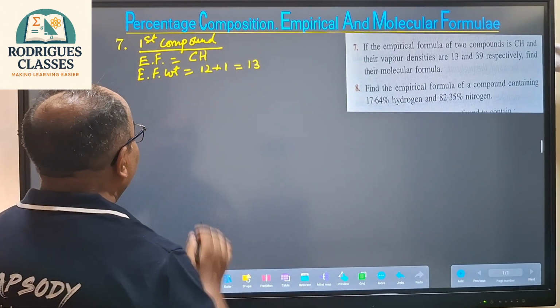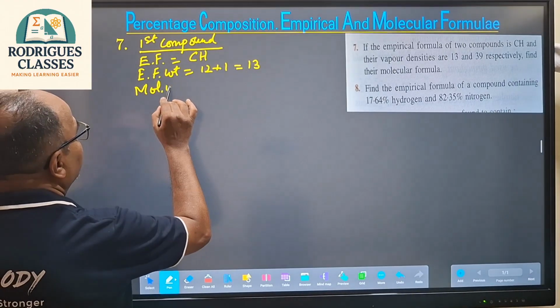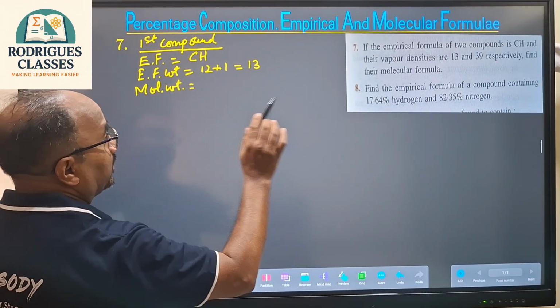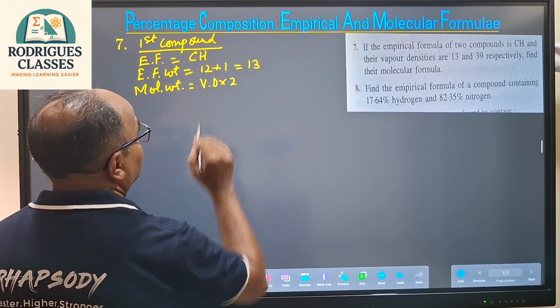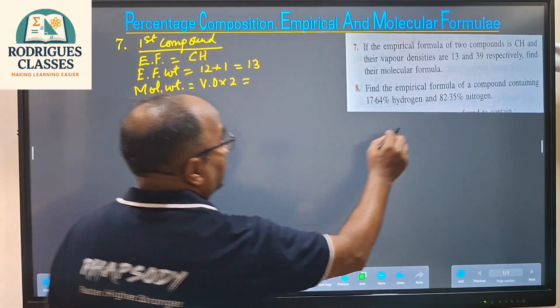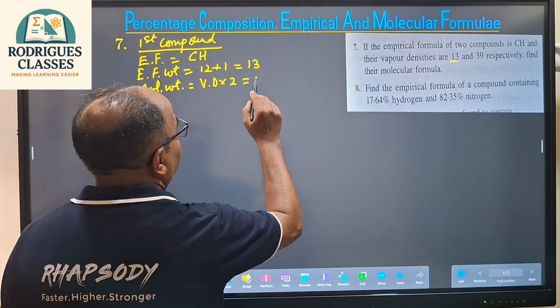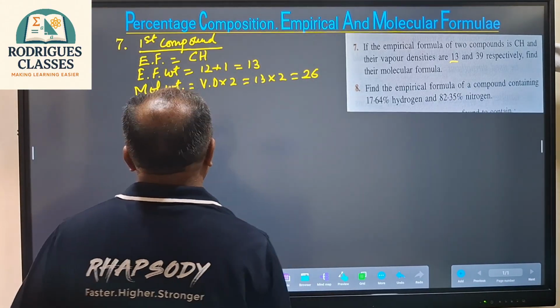Okay. So once I know the empirical formula weight, I will go to find the molecular weight by using that vapor density into 2 gives us the molecular weight. So for the first one, it is 13. So 13 into 2. So that gives us 26.